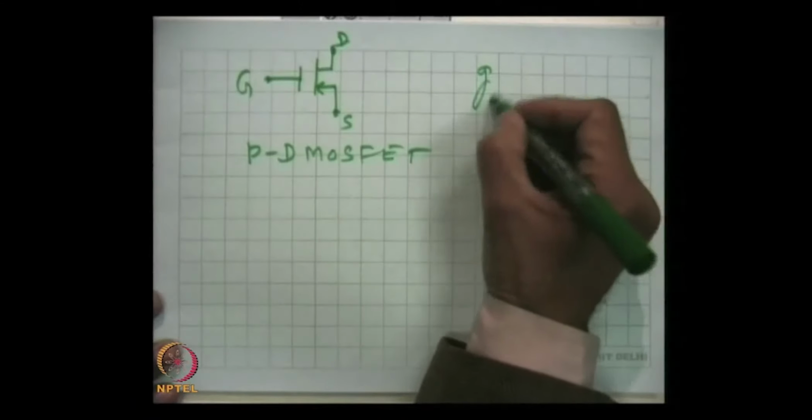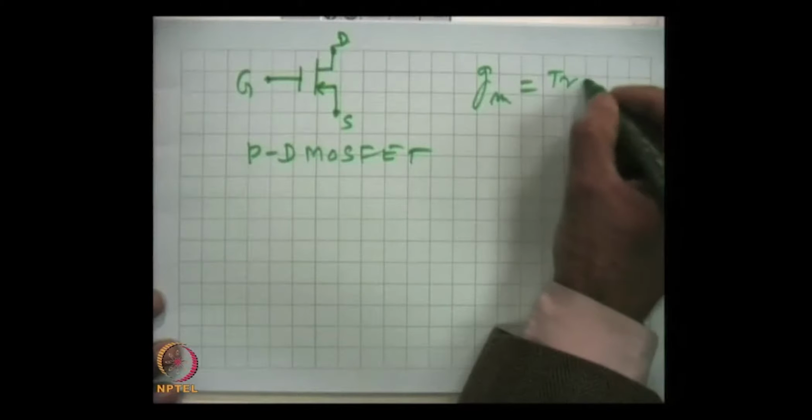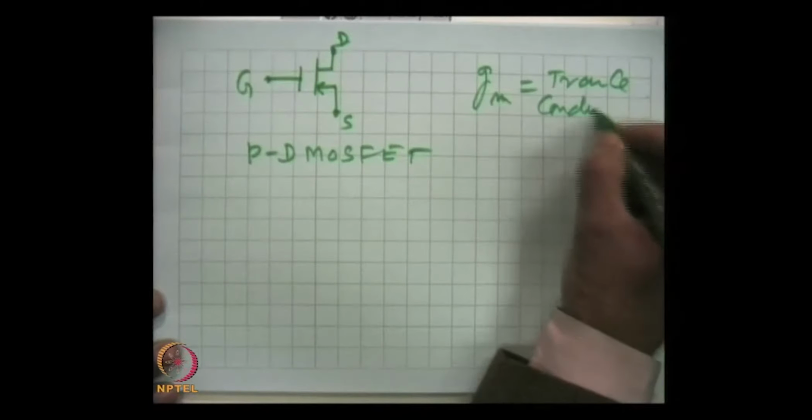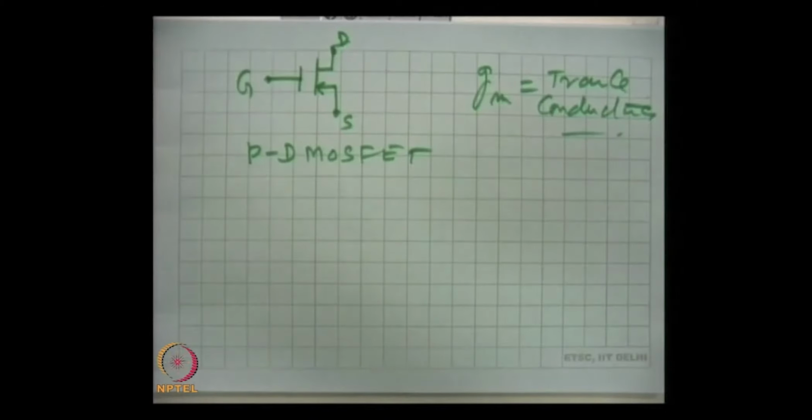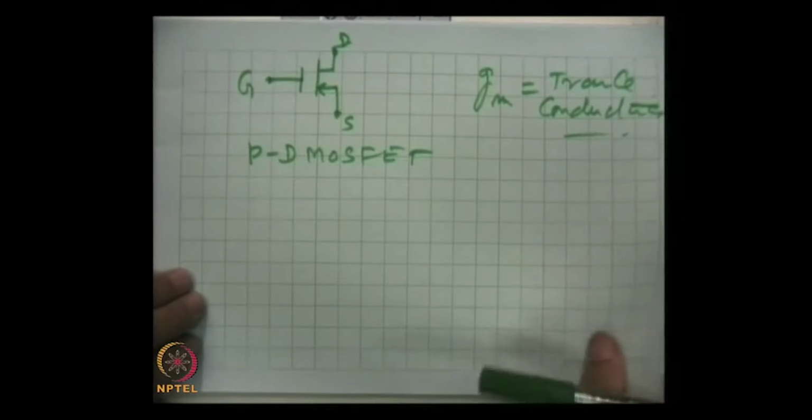So, the output current is changed by the gate voltage, the input voltage, and so current by voltage, that is GM, transconductance. We will talk about it, GM, transconductance. Transconductance of the device will be most important parameter of a FET and MOSFETs.